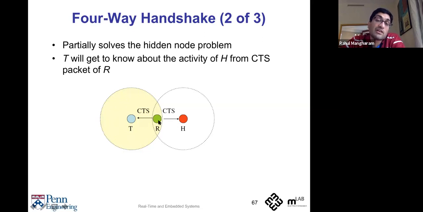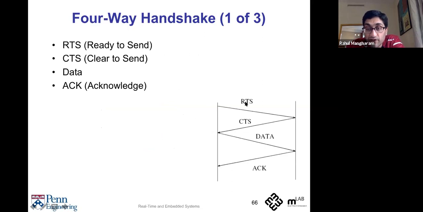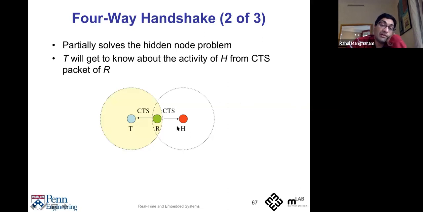The receiver says, okay, it's clear to send, you can talk to me. By the receiver sending a message back to the transmitter saying you are clear to send, it's a go, the receiver is essentially also sending that message to all of its neighbors, including this hidden terminal, saying, hey, I'm talking to transmitter T for this amount of time. So don't try to talk to me right now.